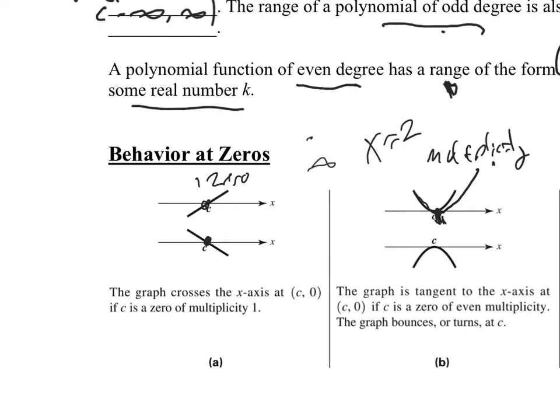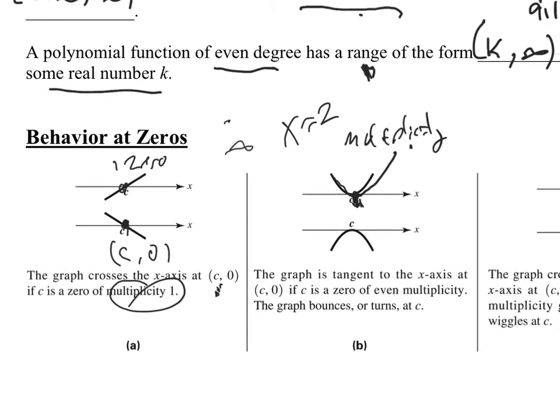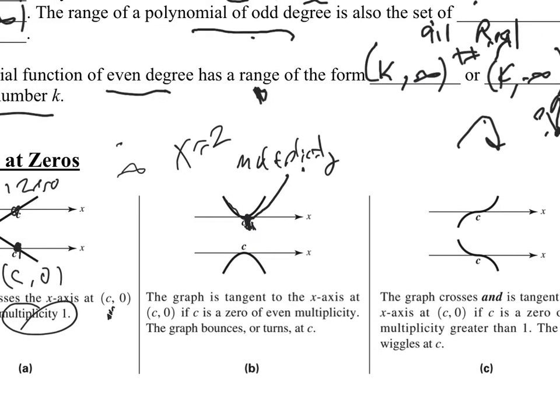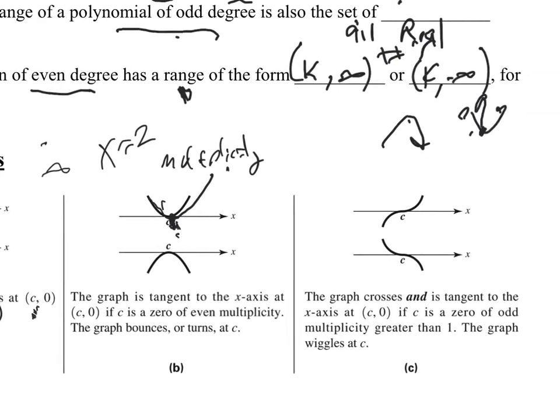It just depends on how many turns that polynomial could have had. But if it goes straight through, that's multiplicity of 1. The 0 is at c comma 0. Whatever that number is, c, the height is going to be 0. This c comma 0 could be there many, many times because it bounces off.